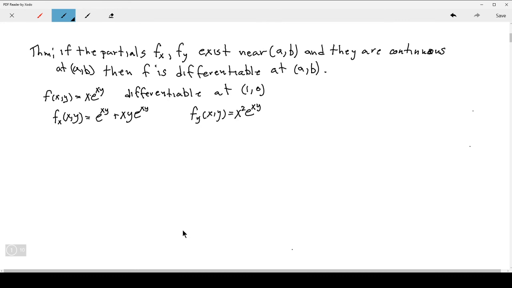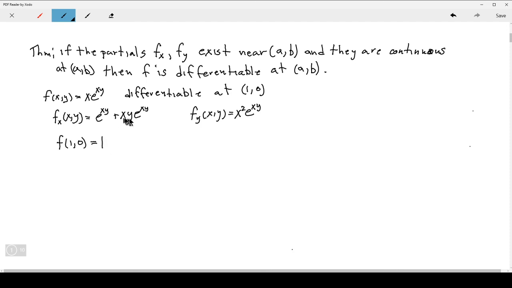So again, I don't care if the first partials are equal everywhere. I only care that they're equal at 1, 0. All right, so fx 1, 0 is, all right, so e to the 1 times 0. So that's e to the 0, so that's 1.